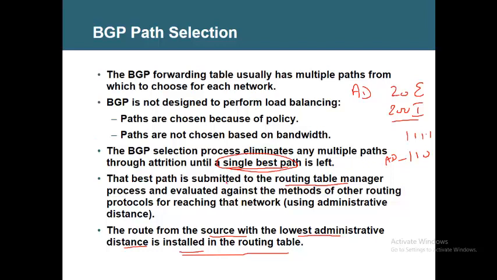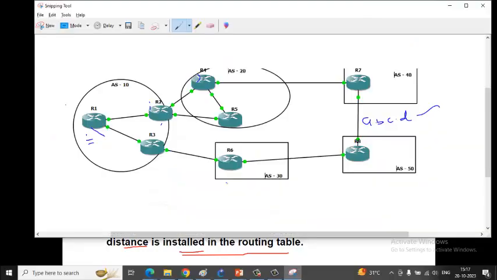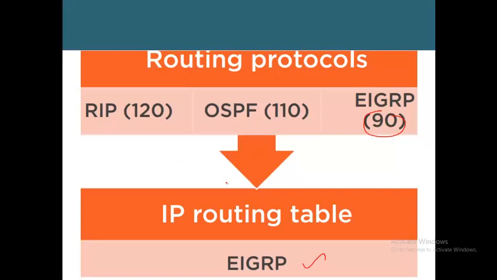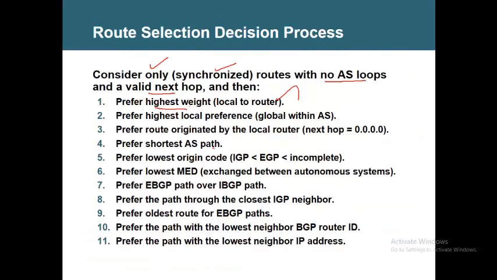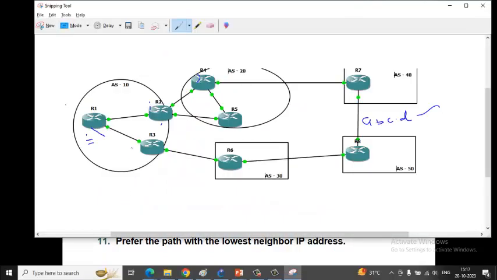Even when you don't configure an attribute, BGP will go through this attribute list. There may be a tie break somewhere, and accordingly it will pick one path. So let's say this router 3 is the winner.